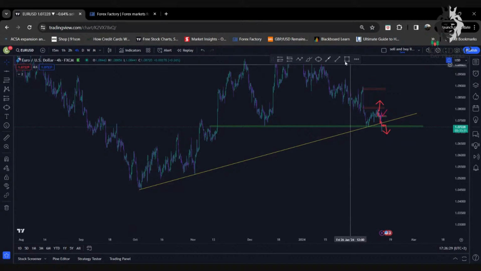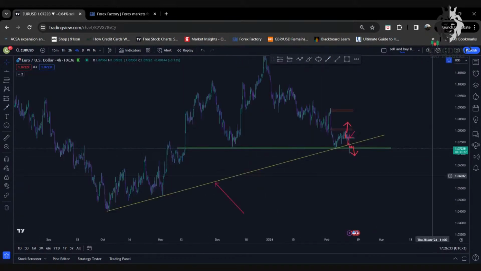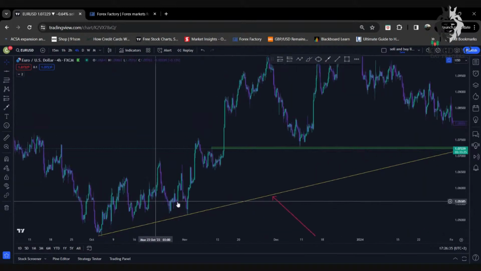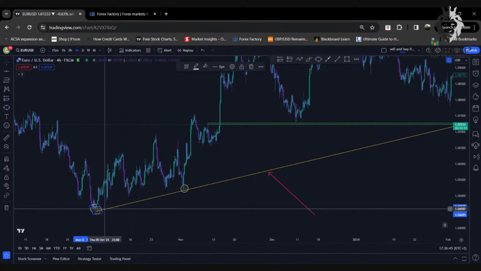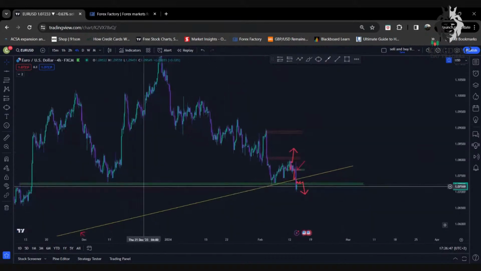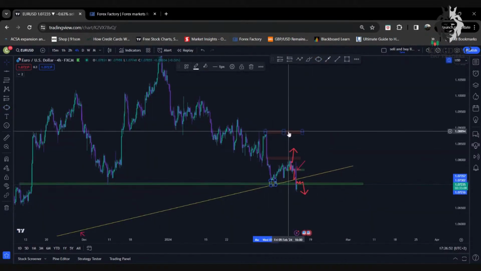And it has tested this particular uptrend line a few times, right? And it's testing once, right? It's also testing this time, right? And it's testing over there.